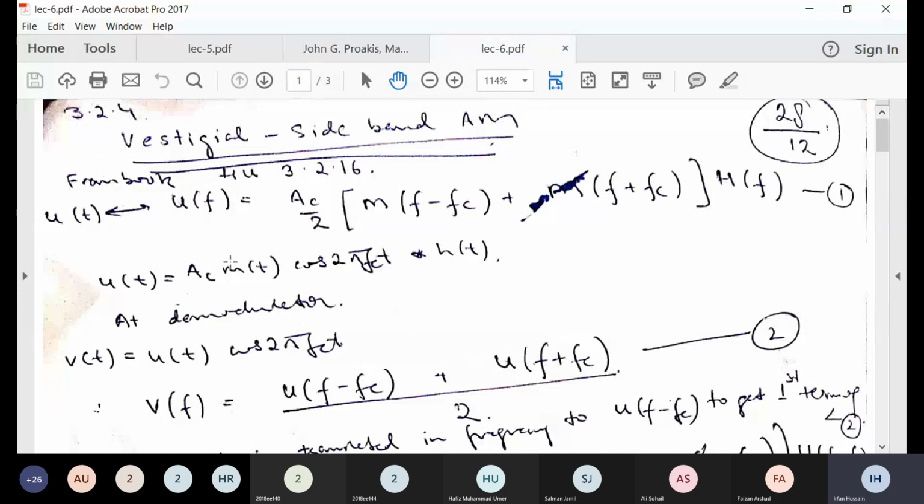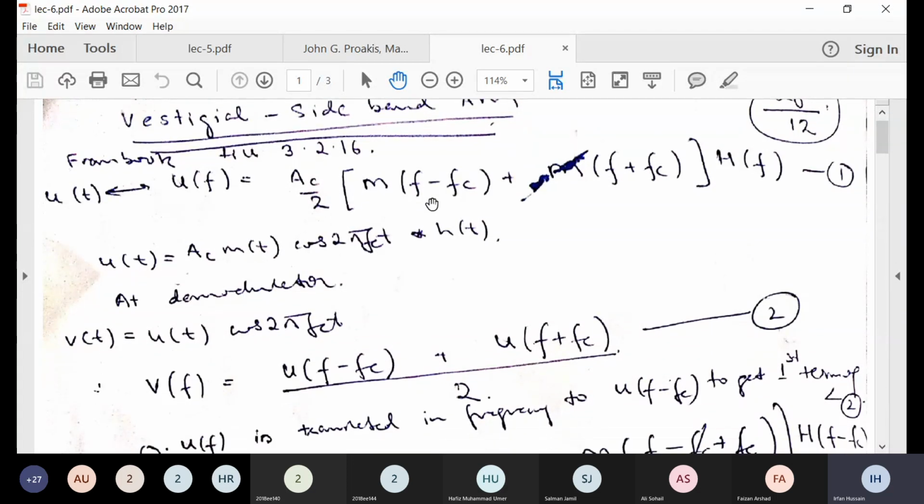So we have seen that our vestigial sideband signal's frequency response is as follows. It is the shifted version of the baseband signal at fc and minus fc multiplied with a specially designed filter, or this was the time domain expression of this frequency domain expression.